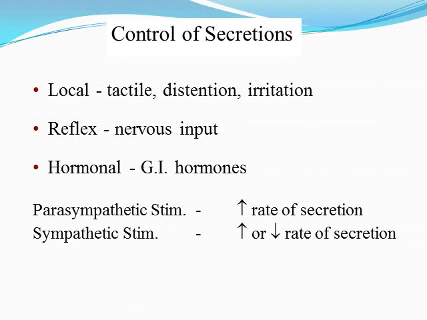As we've already seen, we have a lot of control over the muscular movement and the progression of the nutrients through the system. And this is no different when we're talking about the secretions that contain mucus or enzymes or bicarbonate to aid in digestion.